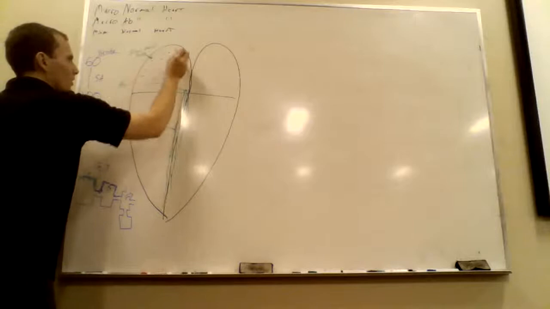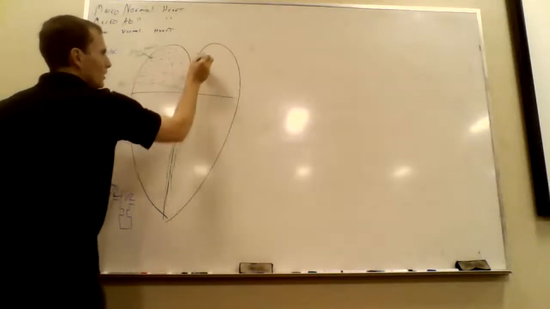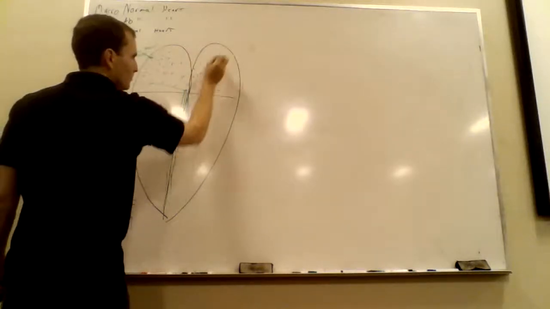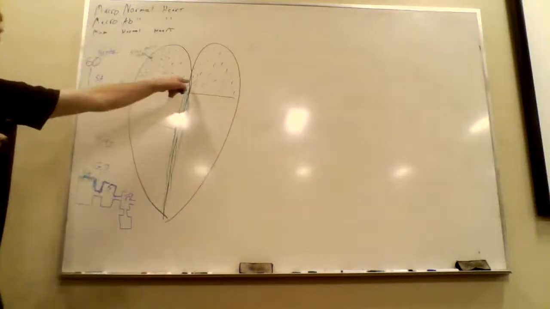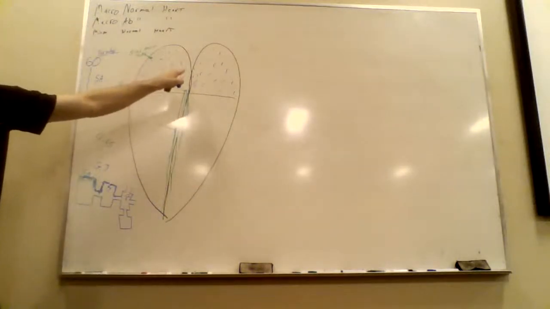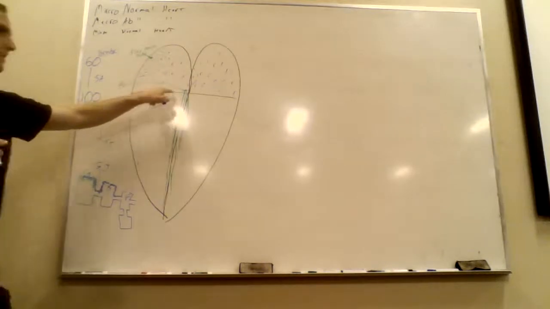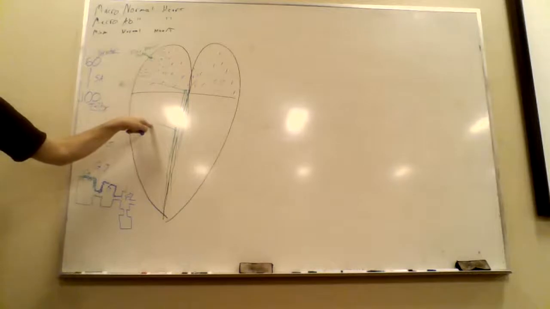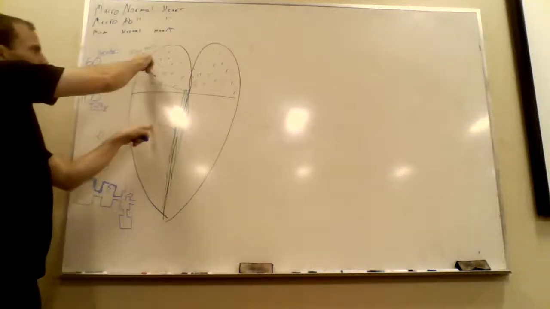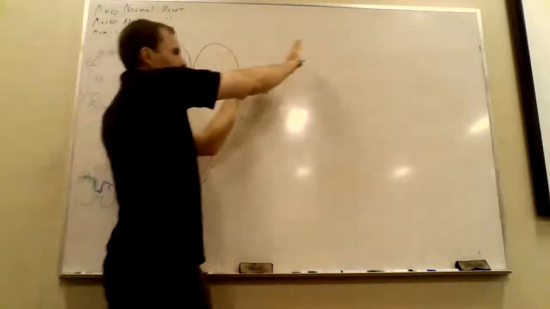And it continues across even the septum between the atria. It does not go across this insulated septum between the atria and the ventricles. So just the sinoatrial node firing off sent it through everybody.